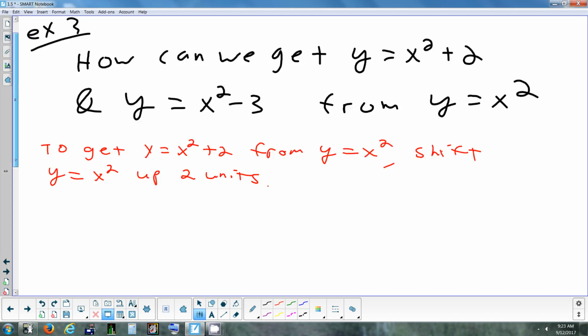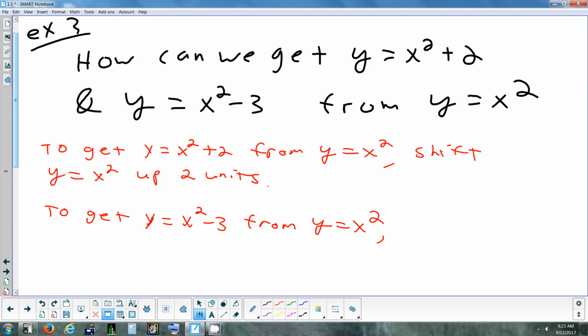All right, and the other one, to get y equals x squared minus 3 from y equals x squared. You're always going to be comparing it to y equals x squared. Anyone have a guess what we would have to do to get x squared minus 3?